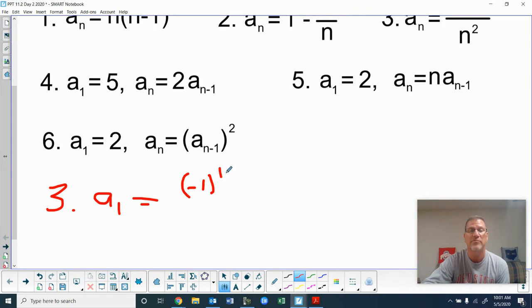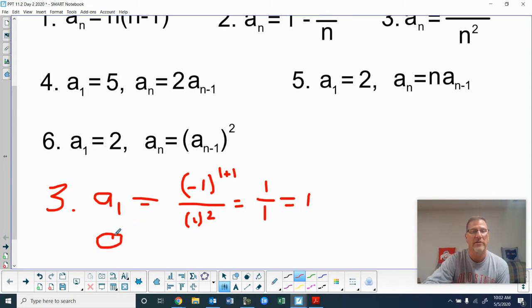So n is 1, so the 1 plus 1 power, over n squared, and again n is 1, so that's 1 squared. That would be -1 to the 1 plus 1, or -1 to the second power, which is +1, -1 times -1, and over 1 squared, which is 1. So the first term is 1.